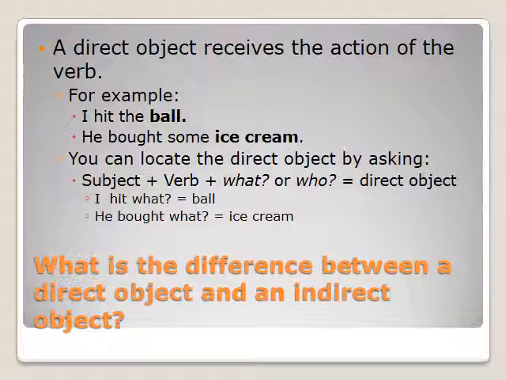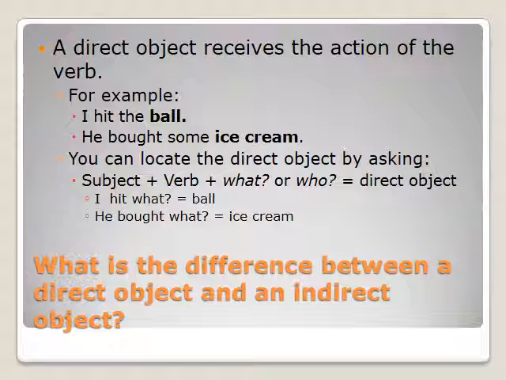The way that you can determine the direct object in a sentence is by taking the subject and the verb and adding what or who to the end of it. The answer to that question is going to be your direct object. So in our first example, it's I hit the ball.